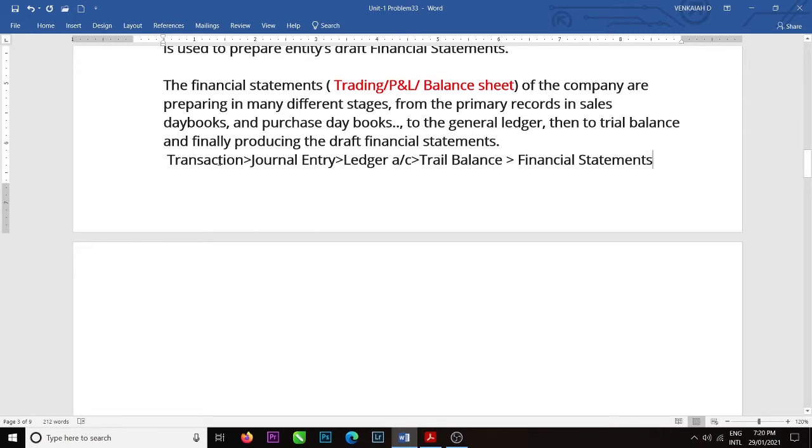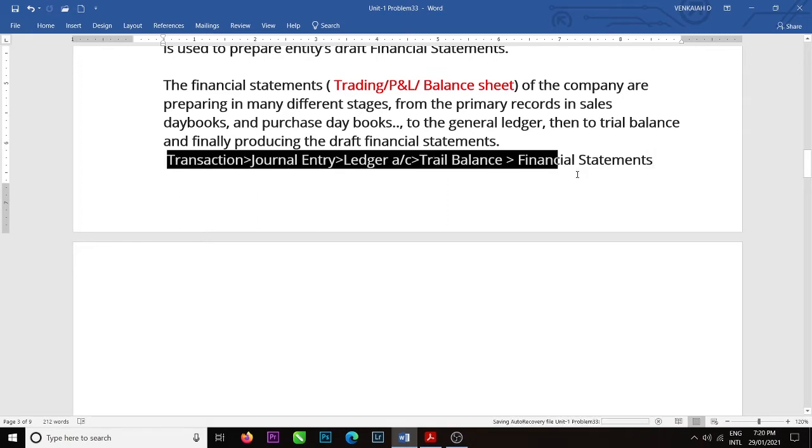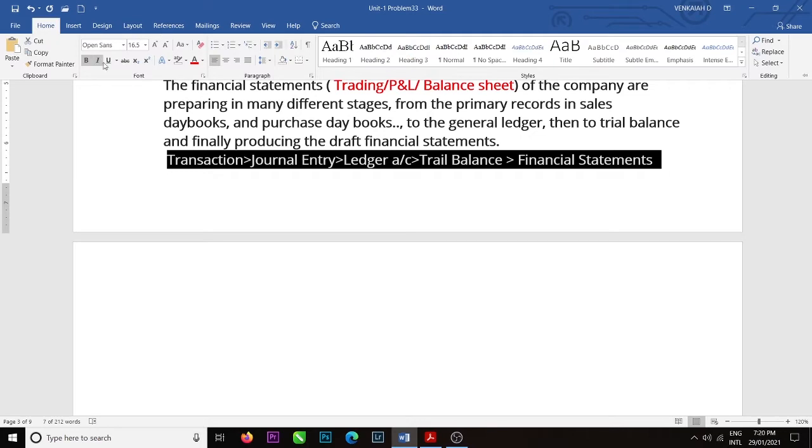These are the stages which we have to understand throughout our life.